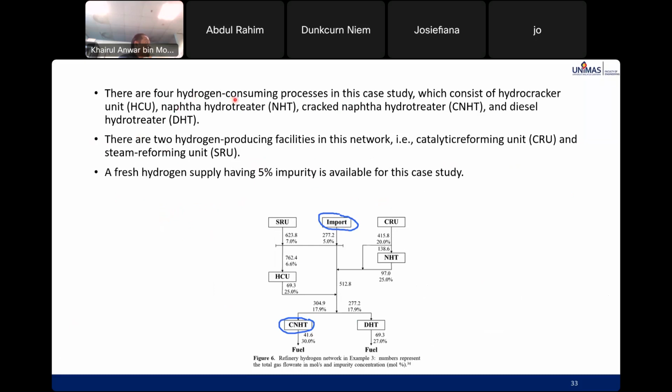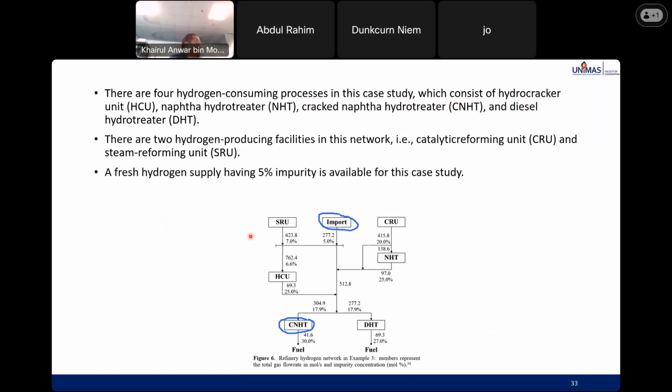There are 4 hydrogen consuming processes in this case study: the hydrocracker HCU, naphtha hydrotreater NHT, cracked naphtha hydrotreater CNHT, and diesel hydrotreater DHT. Besides these, there is fresh hydrogen supply.